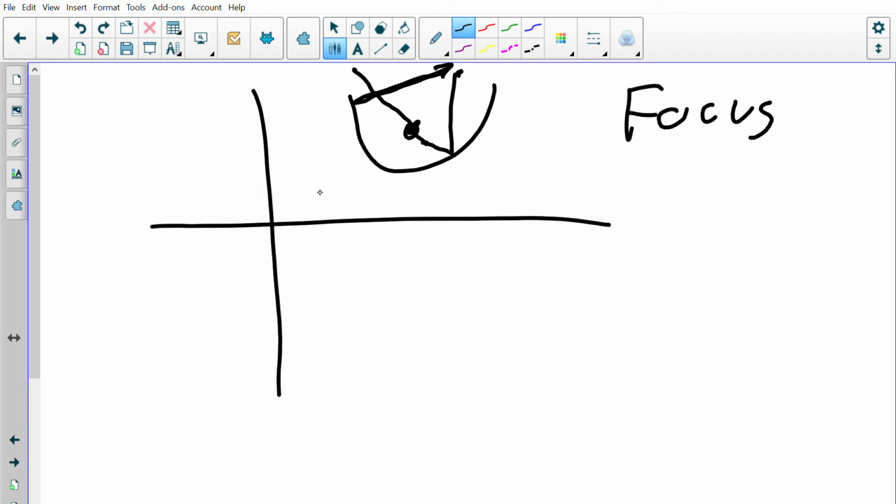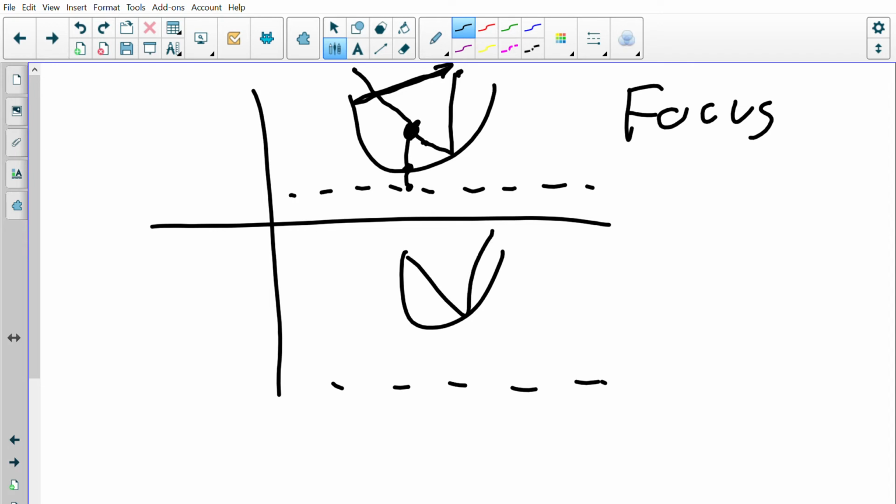And then there is this thing called the directrix. The directrix is the same distance from the focus to the vertex, as from the vertex to the directrix. What the directrix is useful for is I have my parabola, and I have a light that shines through. This angle and this distance is hard to find.